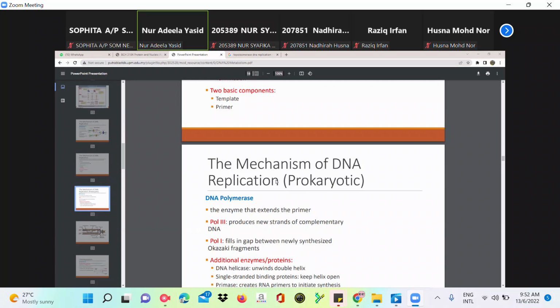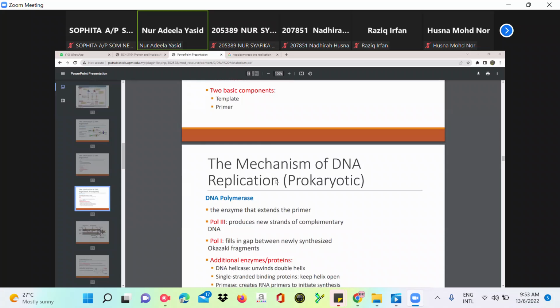It helps to add nucleotides for complementary base pairing and synthesize new strands. So these are the enzymes that extend the primer. Once we design the primer, DNA polymerase helps to extend it for the synthesis of new strands.